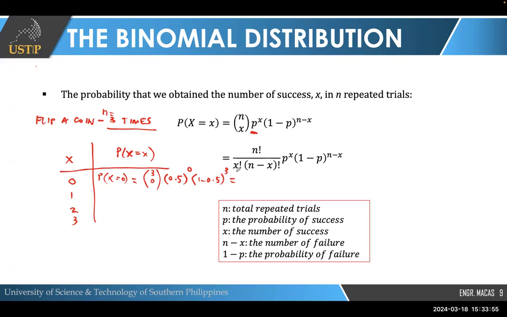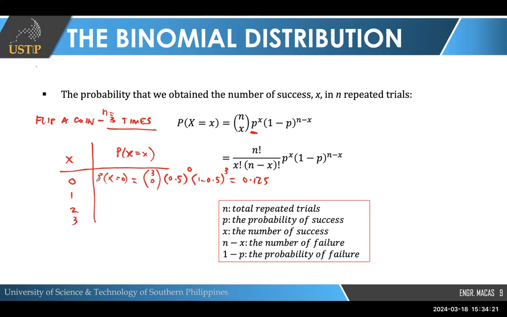We just solve that. Pwede na nimo i-shortcut sa combination, class. So we have 1/8 or 0.125.